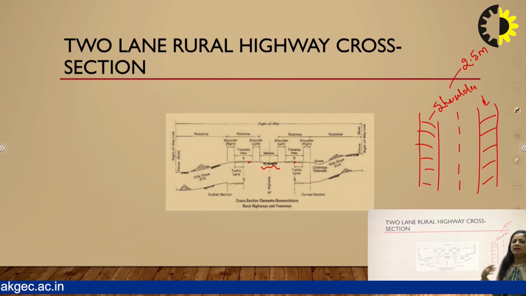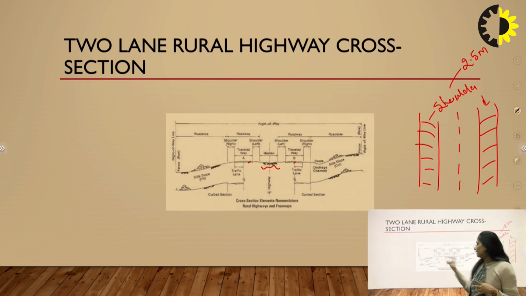Then we have made these side slopes on the extreme left and the extreme right of this particular right of way. This is how we usually design any cross section of a highway. There must be a provision of shoulder, a provision of carriageway, a provision of slopes, side slopes, cambers. We'll discuss it again.